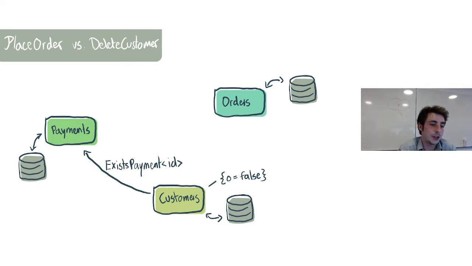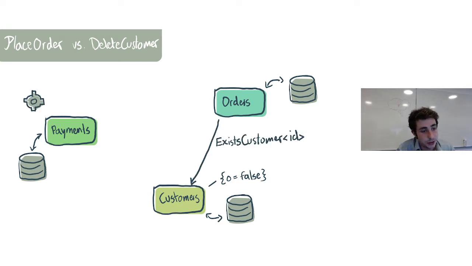Next, the customers microservice will contact the payments microservice to see if there are any ongoing payments that are not processed. In our case, the payments microservice needs a bit of time to process this request. Maybe something else is processing at the moment, and in the meantime, the place order function starts, and it begins by contacting the customers microservice to see if the customer that we want to place the order for actually still exists.